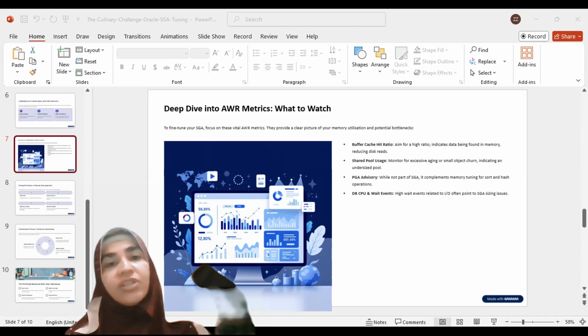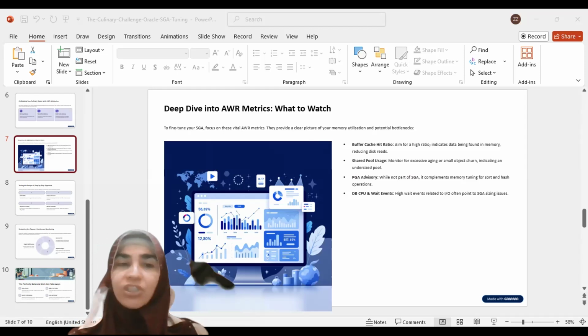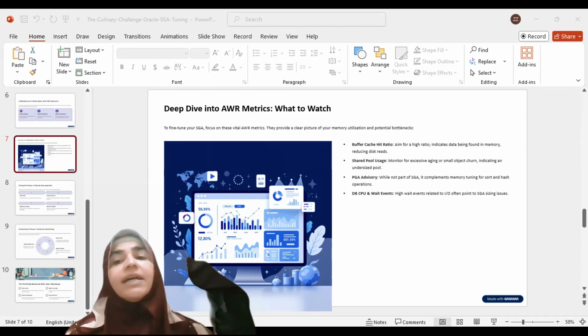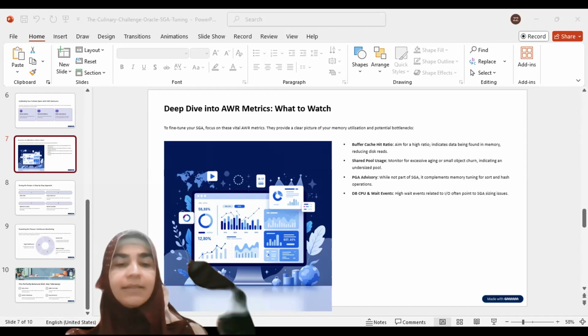Also look at the PGA advisory, not part of the SGA, but it complements memory tuning for sorts and hashes. And finally, analyze your DB CPU and wait time. Lots of IO related waits usually point to poor SGA sizing. So these metrics are your cooking thermometer. They tell you if the dish is at the right temperature or if you need to adjust the heat.